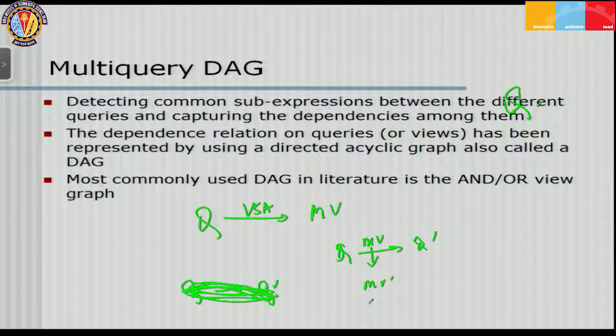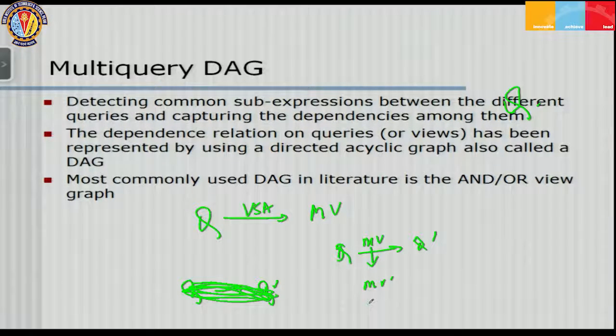So let me come to multi-query DAG first. It detects common sub-expressions between different queries and captures the dependencies among them. This is a very important exercise, because I want to come up with views that can benefit multiple queries, and multiple queries would benefit from a single materialized view only when they have common sub-expressions, not similar, common.